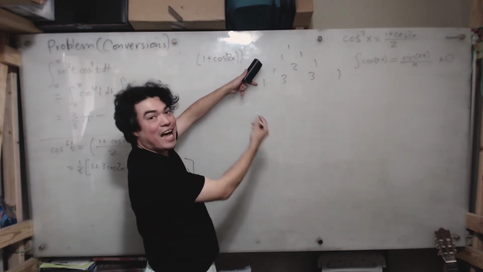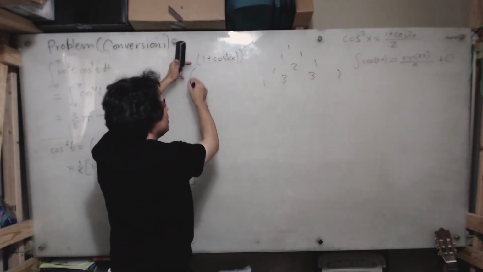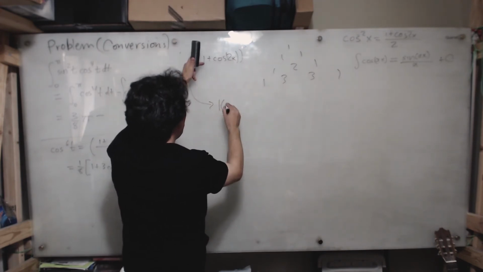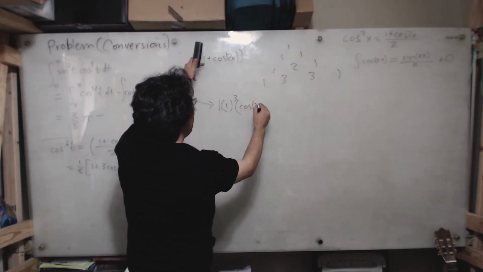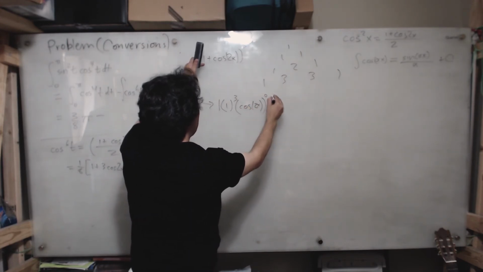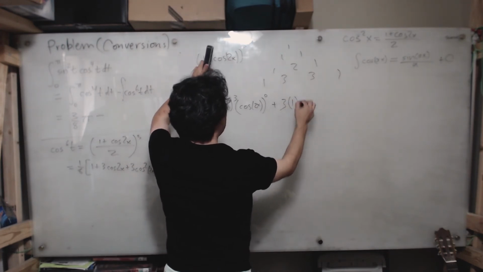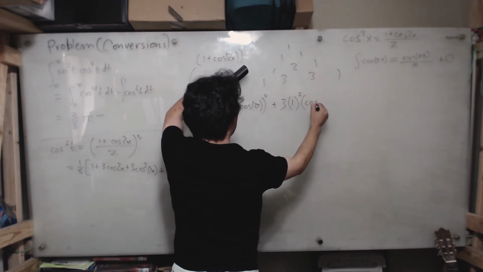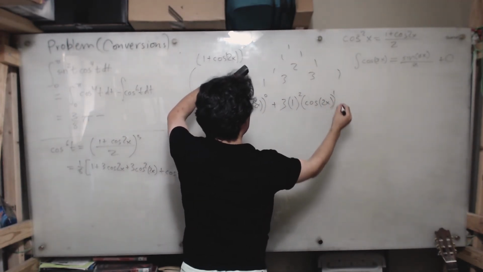And then here, how would I use this? Well, this will be our coefficient for the first one. 1 times 1 to the 3rd power times cosine of 2x to the 0 power, plus 3. What I want you to realize here is that the power of the first term goes down by 1 each time that the power of the second term goes up by 1, okay?